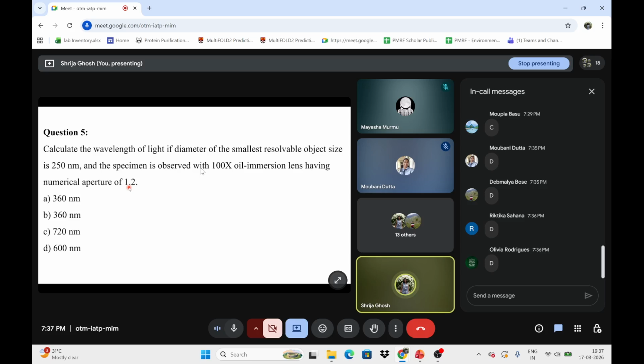So you have the numerical aperture, you have the resolution, calculate the wavelength. It's not a very big calculation.